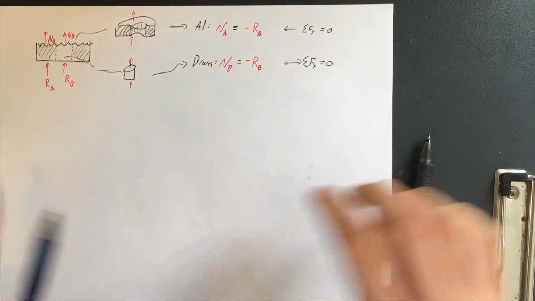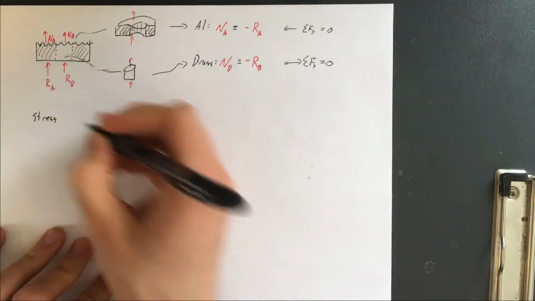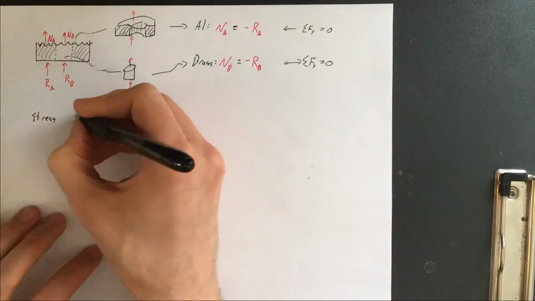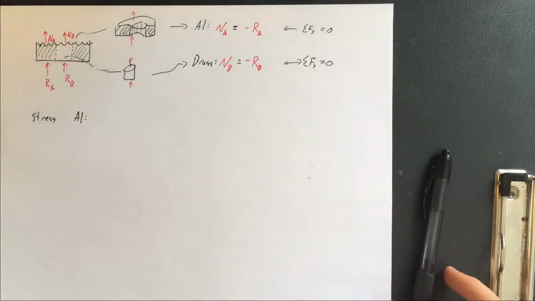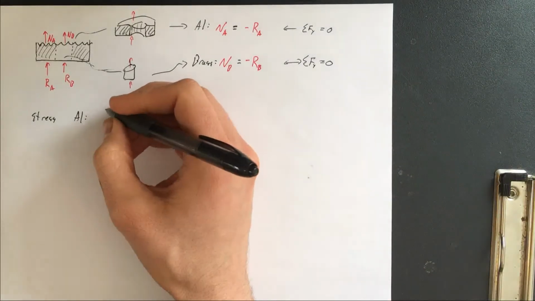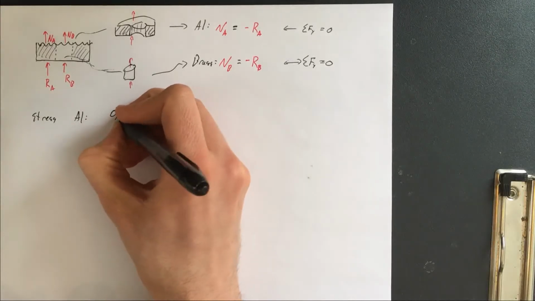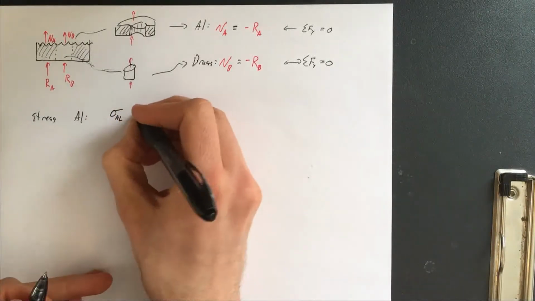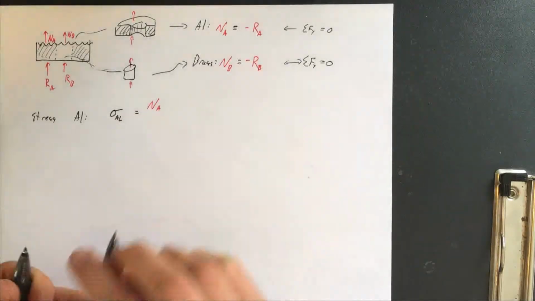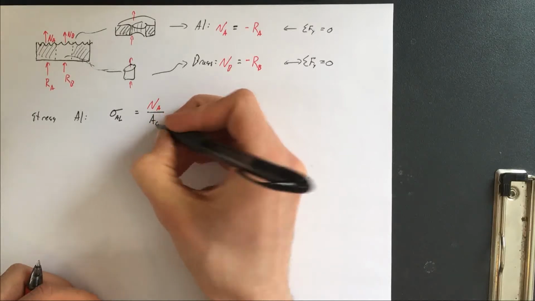So we can talk about stress, and the stress in our aluminum section would be equal to the normal force in the aluminum section divided by the cross-sectional area of the aluminum.